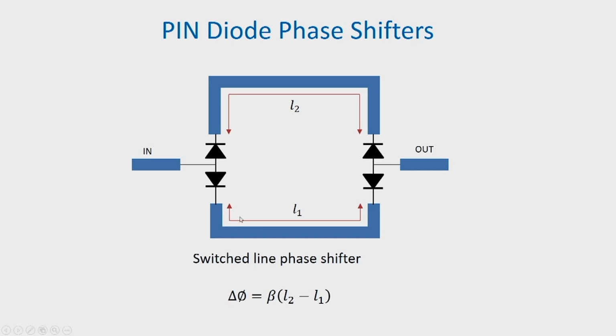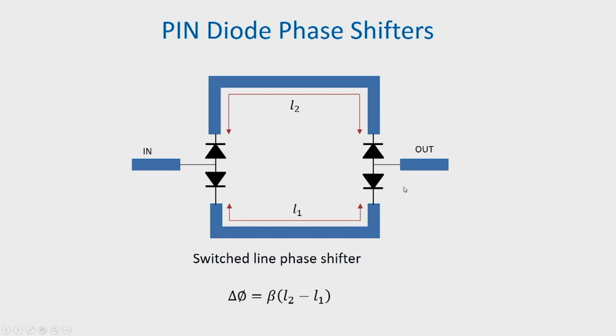For example, when these two lower diodes are made on, the transmission line section L1 is connected between input and output, while when the upper two diodes are made on, then the transmission line section of length L2 is connected between the input and output.